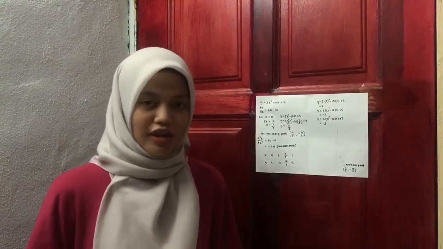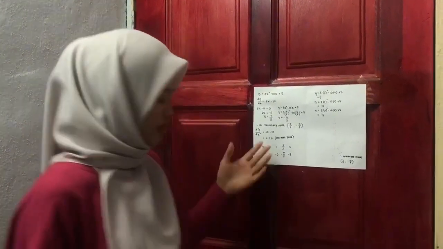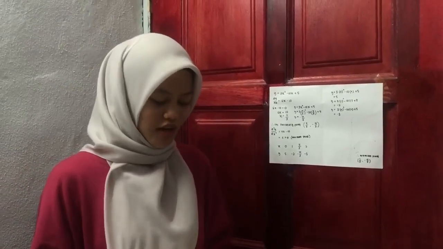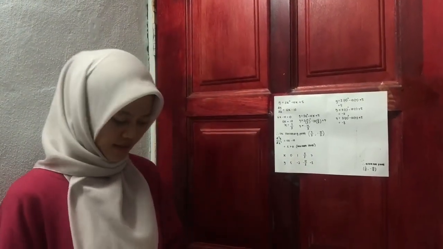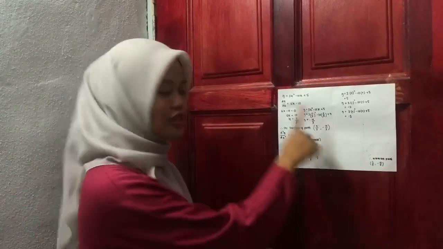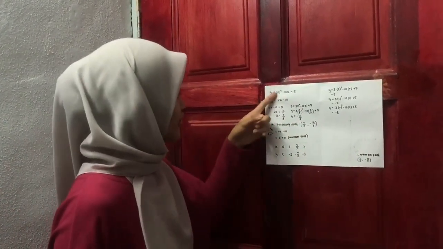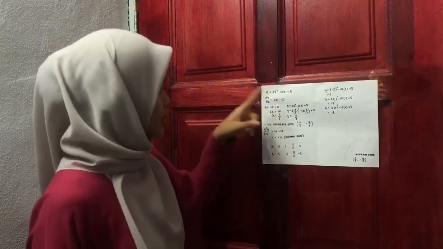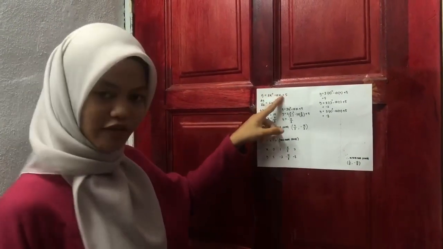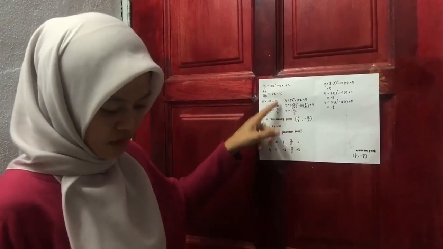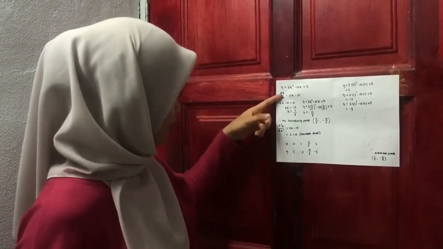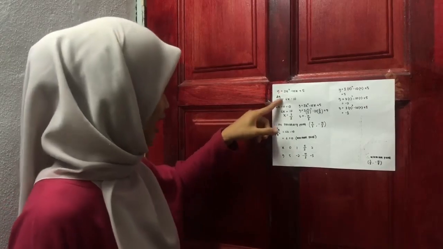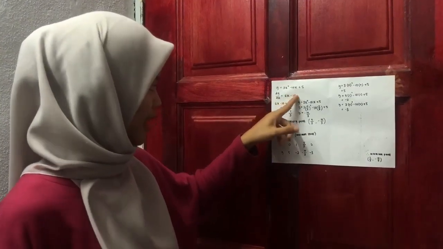I want to give an example of a related question, which is application of differentiation, minimum point. Let's get started. First of all, the question is y equals 3x power of 2 minus 10x plus 5. We need to differentiate the equation, which is dy over dx equals 6x minus 10.